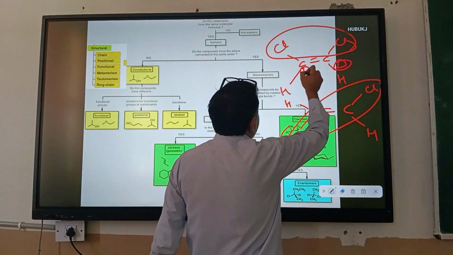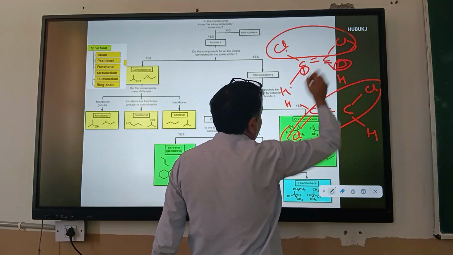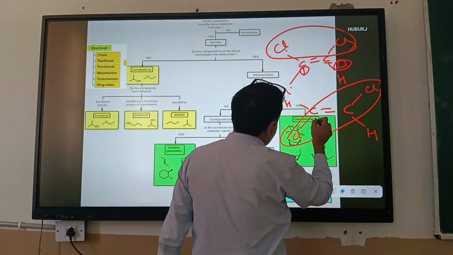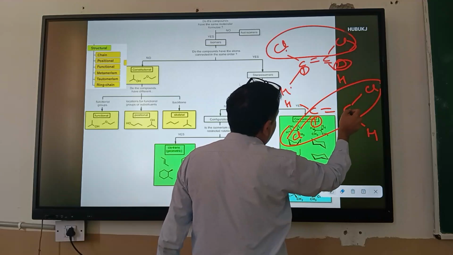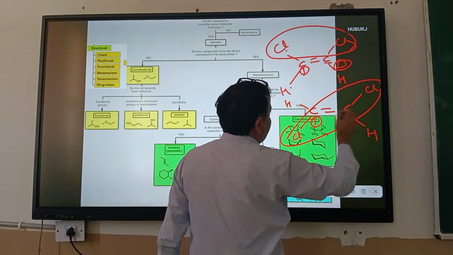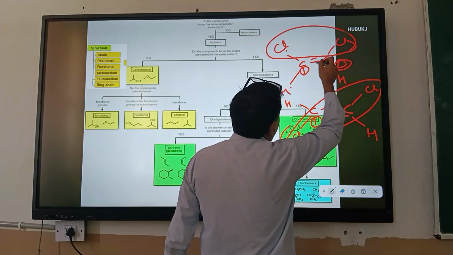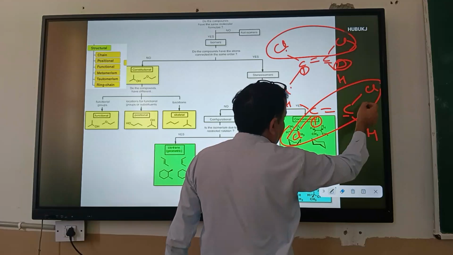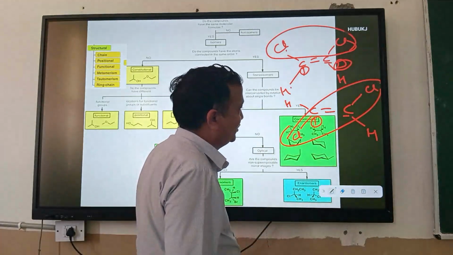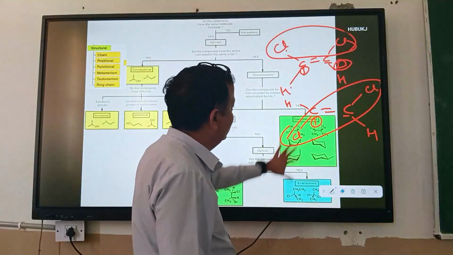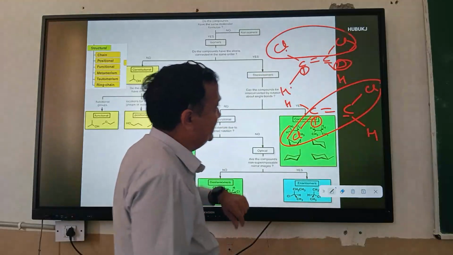The first carbon is attached to one chloro and one hydrogen with a double bond to the carbon. The second carbon similarly is attached to one chloro and one hydrogen with a double bond to the next carbon. In the second, trans case, this carbon is also attached to one chloro and one hydrogen with a double bond to the next carbon. So in this case the connectivity remains the same.